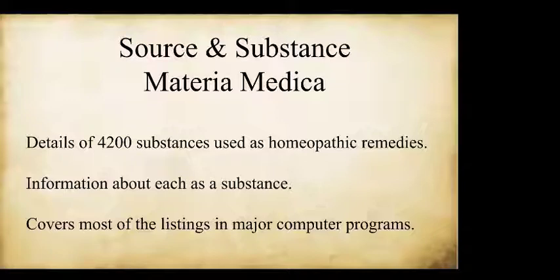This composite covers most every remedy in the major computer programs. So if you think somebody needs an odd little remedy that is off the beaten track, you can likely find information through Source and Substance that you wouldn't find anywhere else.